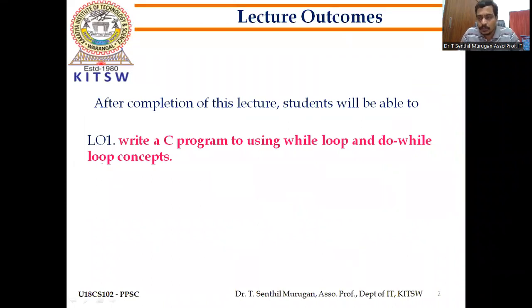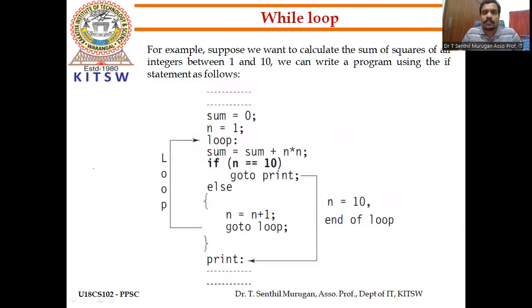This is the lecture outcome. After completion of this lecture, the student will be able to write a C program using the while loop and do while loop concept. First, what is a loop statement?